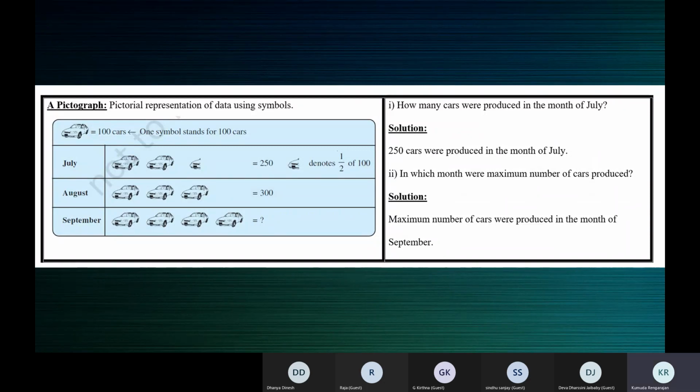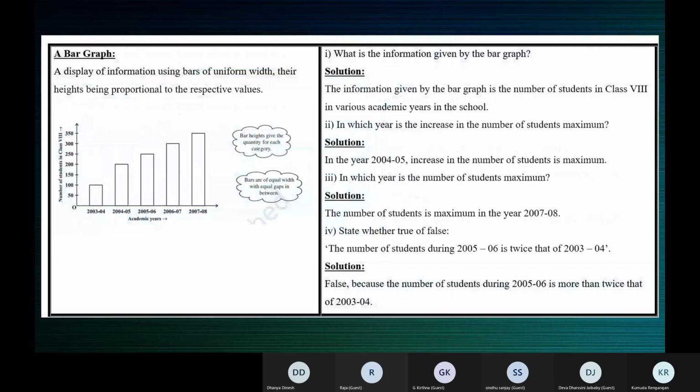Please go through this. This one also. Taken, ma'am. Please make sure that you read through all this by tomorrow. Otherwise, you'll forget.